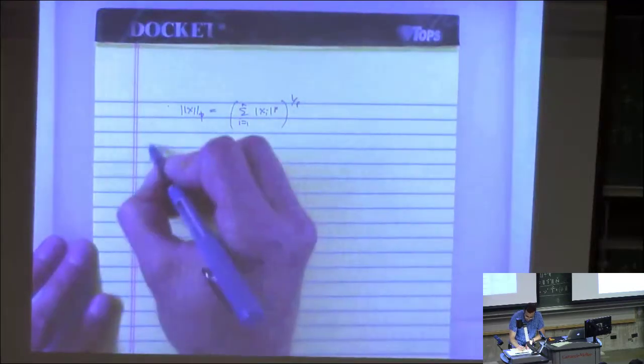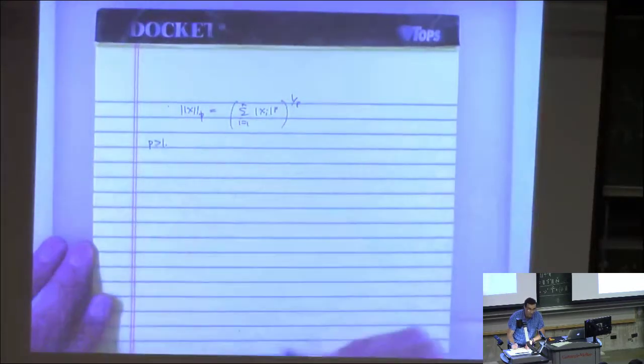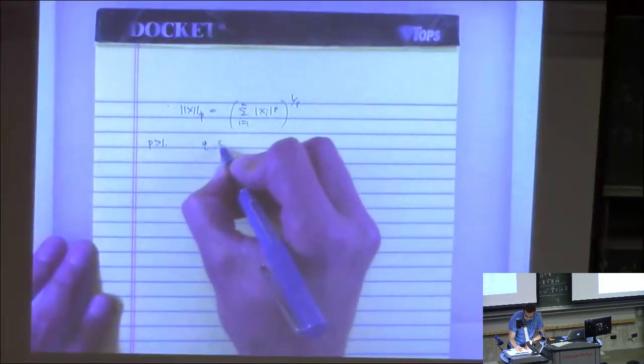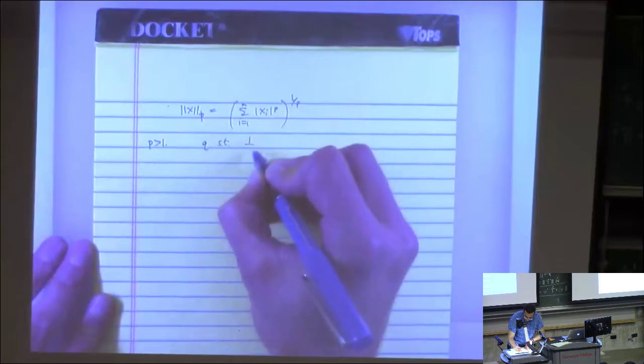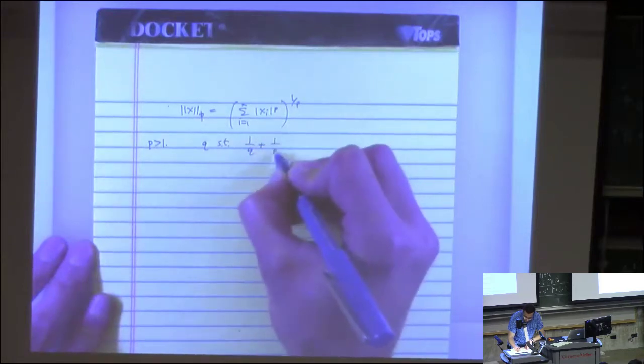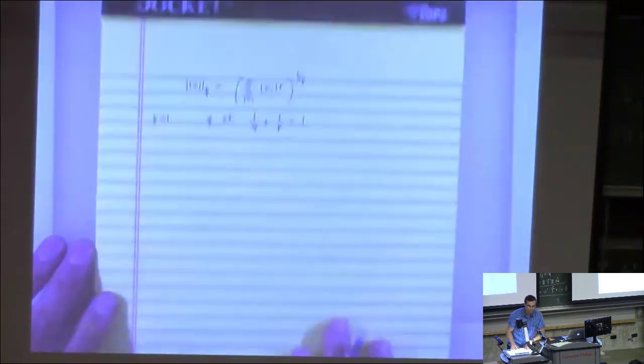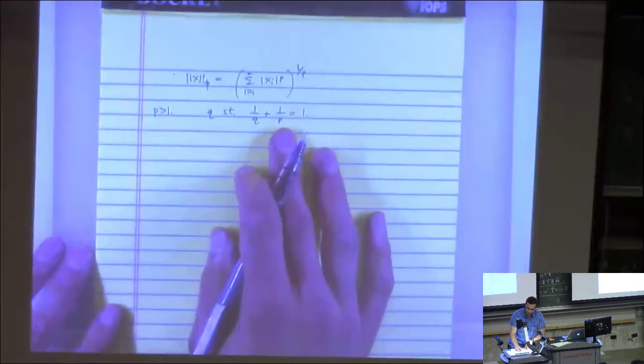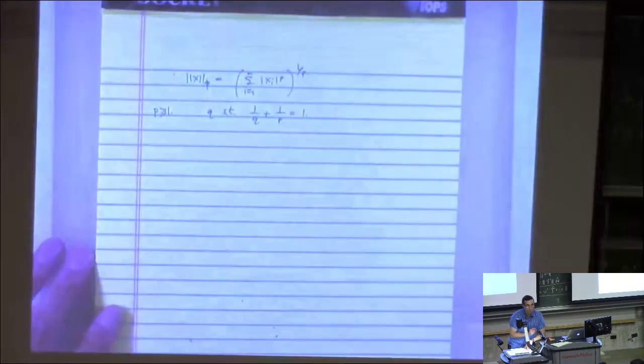And if p is bigger than 1, then we know this is convex. And we can define a q such that 1 over q plus 1 over p equals 1. This is always going to be possible if p is bigger than or equal to 1.